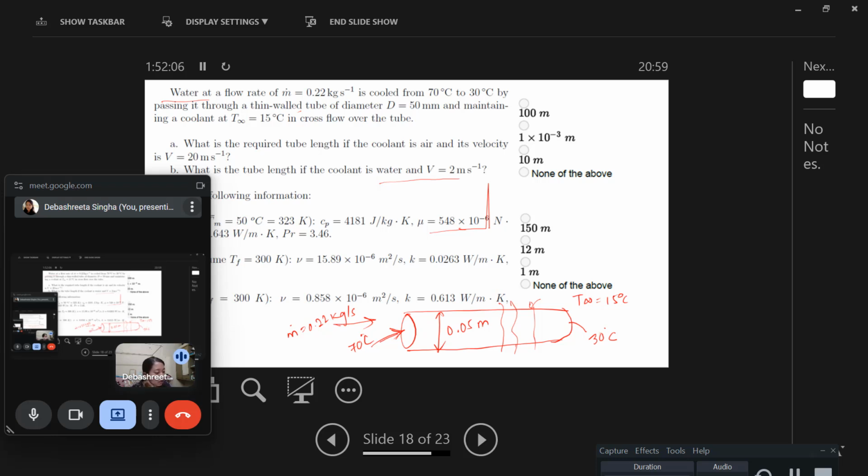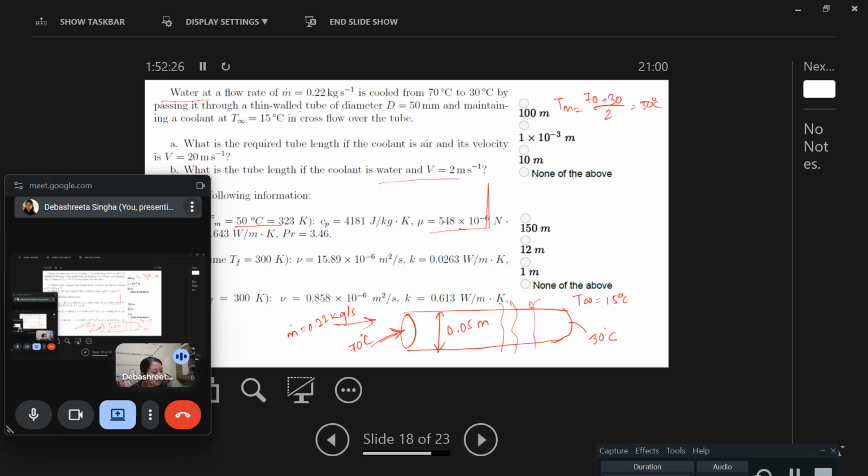We have to calculate all this at the mean temperature or the mixing cup temperature. So that is 70 plus 30 divided by 2, equal to 50 degrees Celsius.